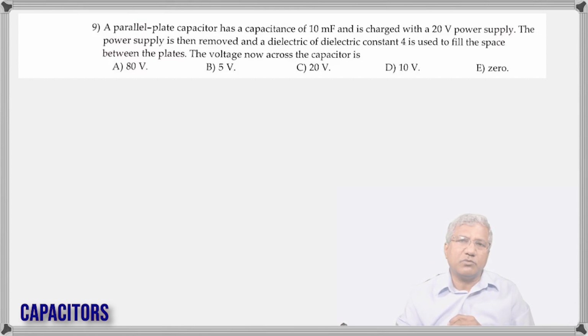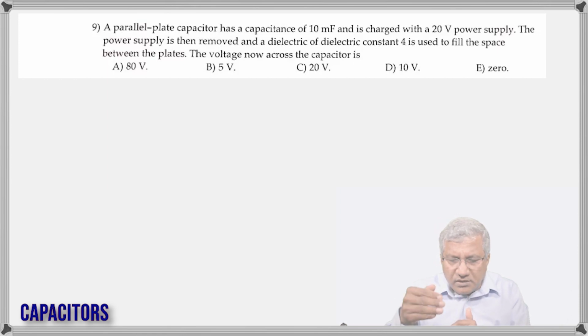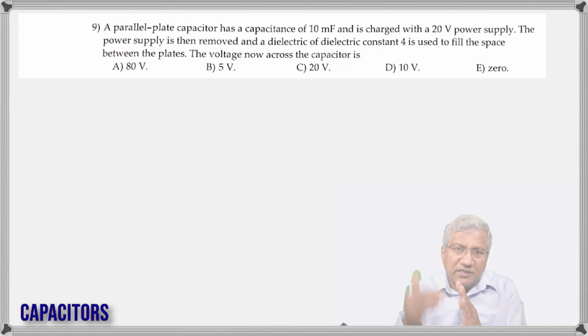When you disconnect the battery, the charge on the capacitor stays the same. It has no place to go. So whatever charge it had when the source was connected would still be the charge. So the charge doesn't change. But when you introduce, what do you do? The power supply is removed and that dielectric is introduced, isn't it?